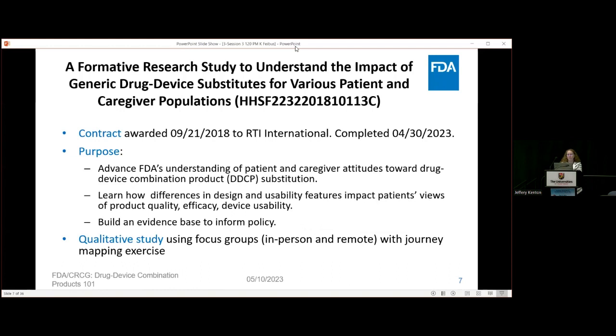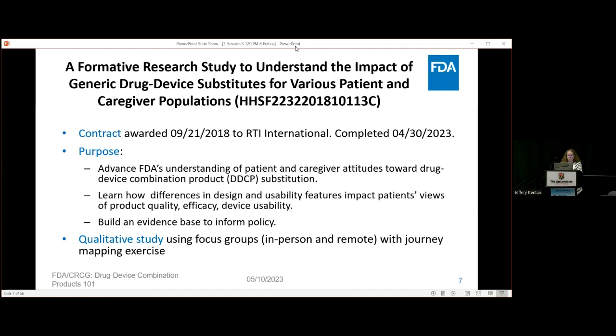So the first study, conducted with GDUFA research funds, tried to look at how substitution of complex drug-device combination products affects patients and how they perceive this. It was conducted through a contract awarded to RTI International and was just completed a couple of weeks ago.